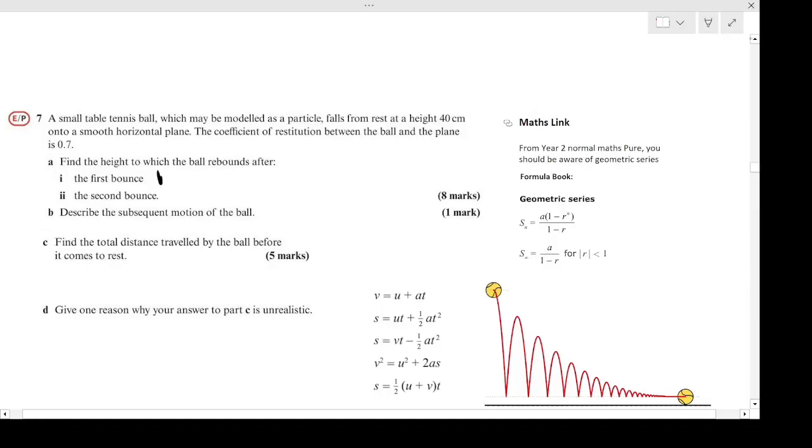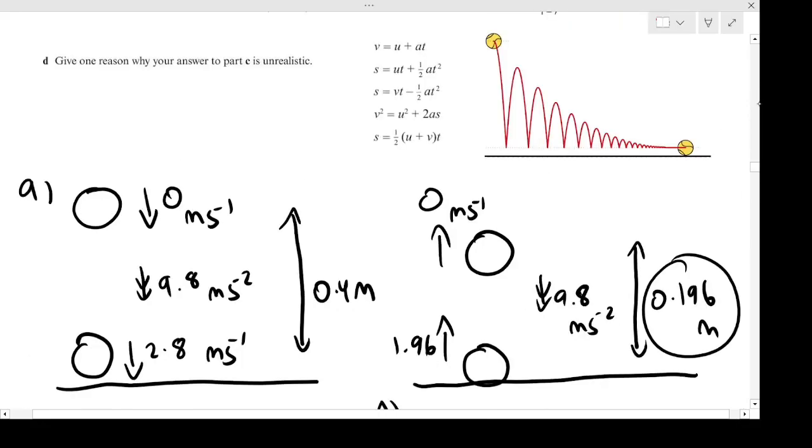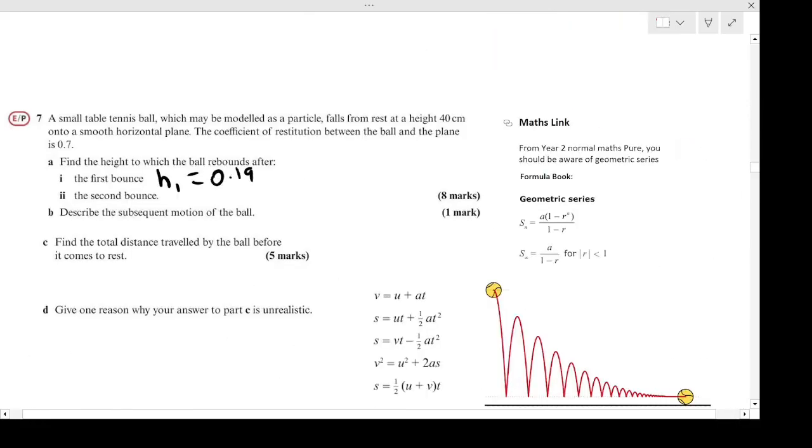So I'm going to add that on here. Remember, h1, the height after the first bounce, was 0.196. Then h2 was 0.09604. Okay, hopefully happy with that.